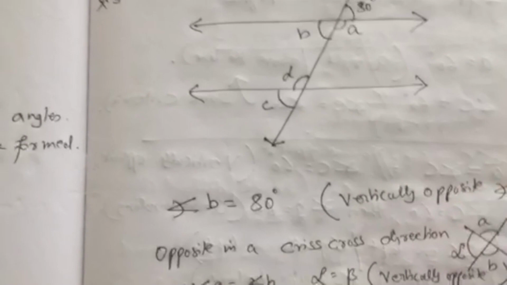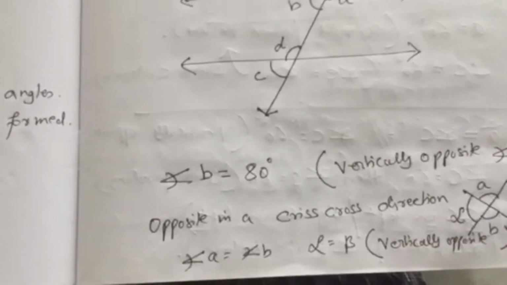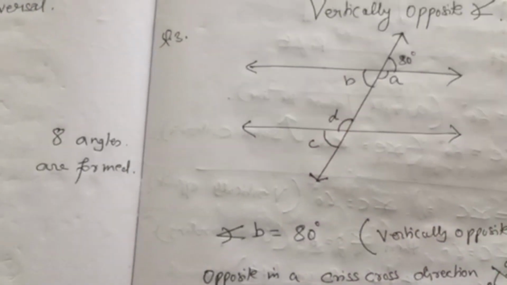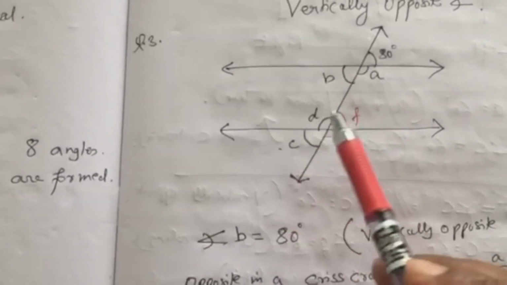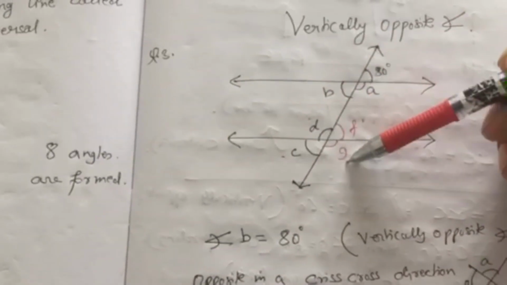It is a crisscross angle, as I have shown. If this is angle A and angle B, they are vertically opposite. Angle alpha and angle beta are vertically opposite. Similarly here, if this is C, say for example this angle is F, this angle is G. In that case, angle C and angle F are vertically opposite, and angle D and angle G are vertically opposite.